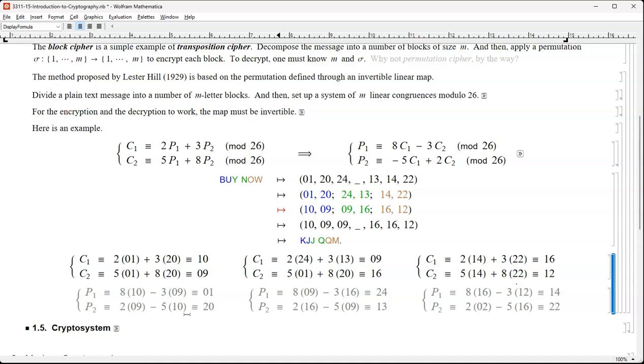But if you go ahead and calculate that, put those into the inverse matrix and do your computation, or if you're not comfortable, put that into this inverse map there and then run your computation, you're going to get the original message back, 0120, so BU, and then 24 and 13 YN, and then 14 and 12 ONW, so we get the original message back.